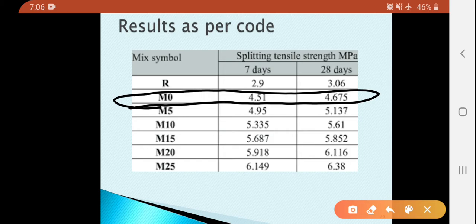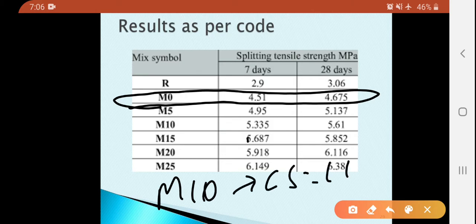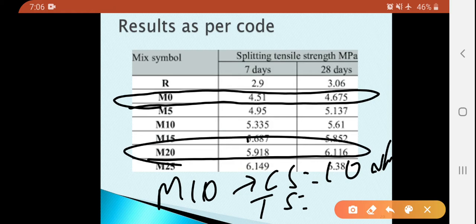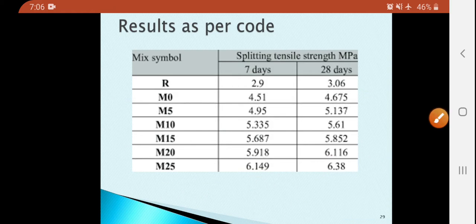Compared to the compression strength value, for example, if we are taking M10, the compression strength value for 28 days is 10 Newton per square millimeter, while the tensile strength value will be almost half of that value, 4.675. For 20, 6.116.